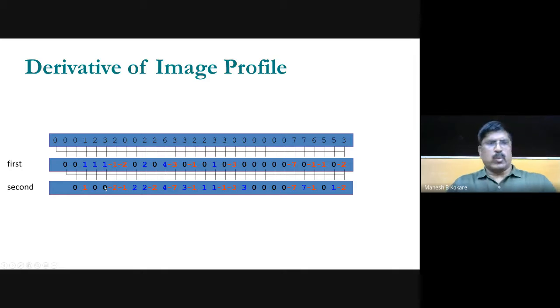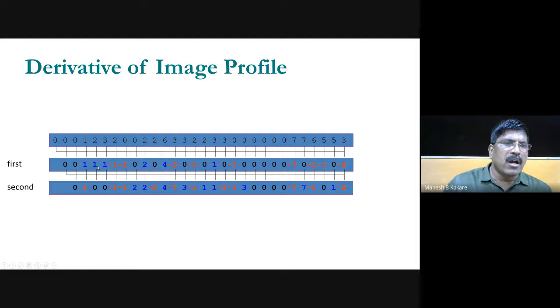Now look at this one. As we have studied in the first derivative and second derivative, see that this edge profile was like this, 0, 0, 0, and then it increased from 0 to 1, 1 to 2, 2 to 3. So this was having a constant slope, like a ramp function. In this case, the first derivative was non-zero.